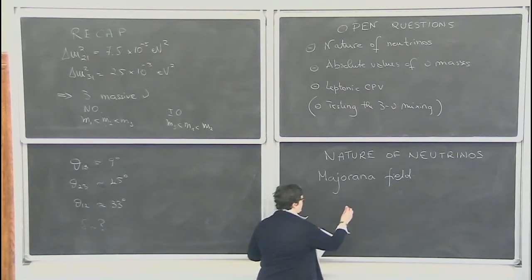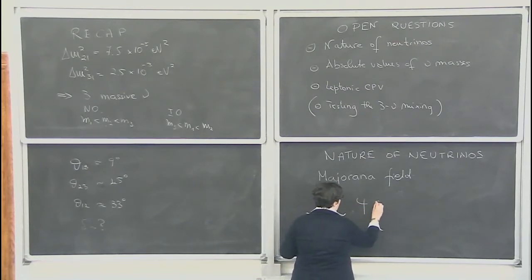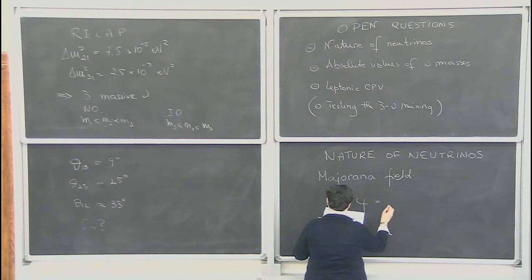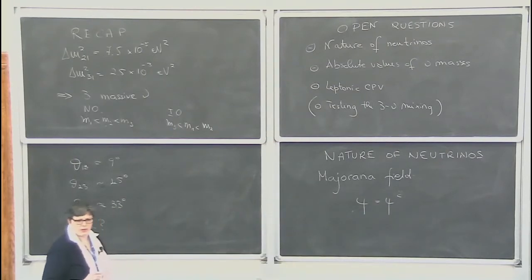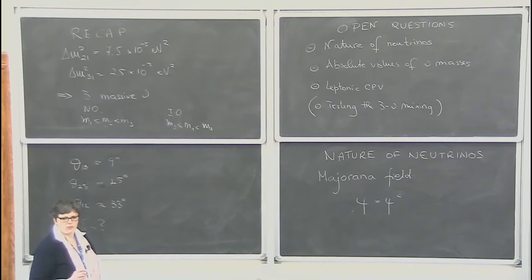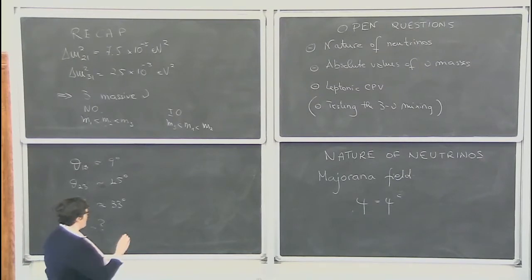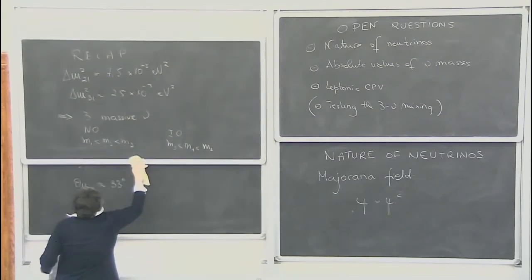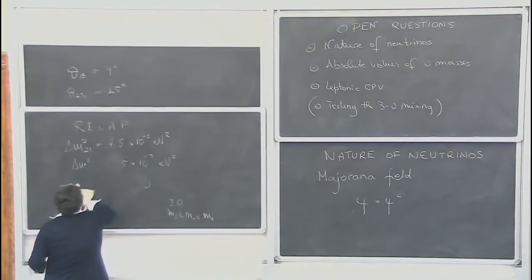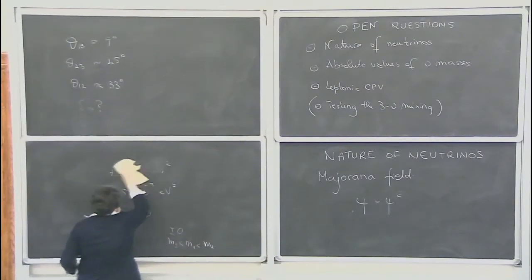Yes, so it's a field which is equal to its conjugate. Do you know what's the conjugate formally? Okay, not everybody, so I'll do a little aside in which I define the charge conjugate of a field.